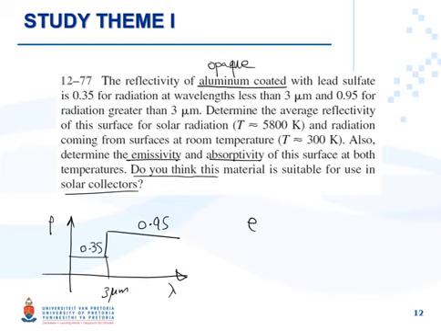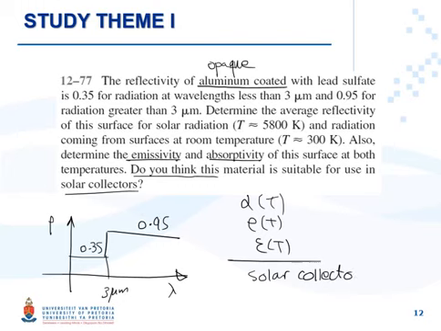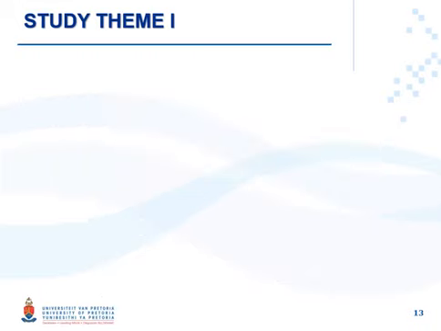What we need to find is rho T, epsilon T, and if it's suitable for absorptivity, and if it's suitable for a solar collector. Okay, we need to find these. Okay, let's start.